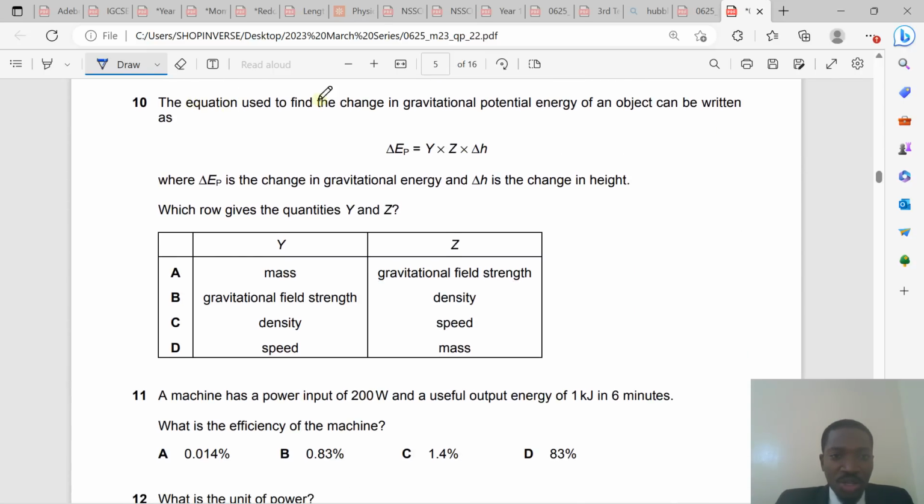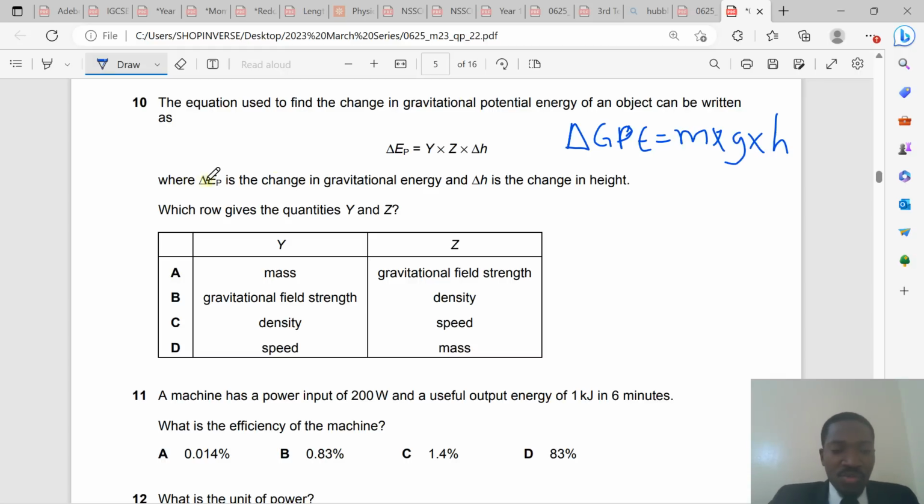Number 10, the equation used to find the change in gravitational potential energy of an object can be written as follows. This is the formula for finding change in gravitational potential energy. And do not forget that the original formula is mass times gravitational field strength times height, mgh.